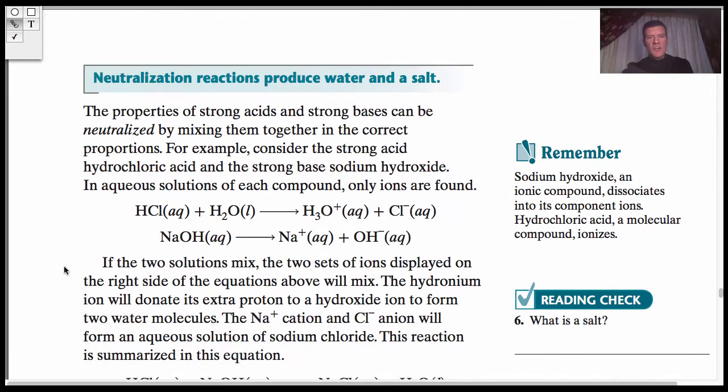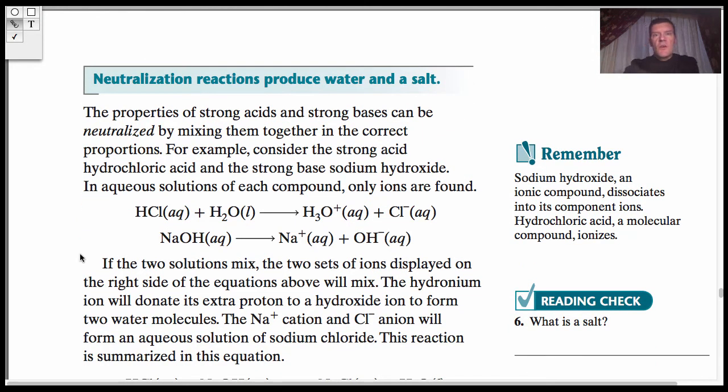Here we want to talk now about when an acid and a base combine, when they react. This is a very important topic, so make sure this goes in your notes.